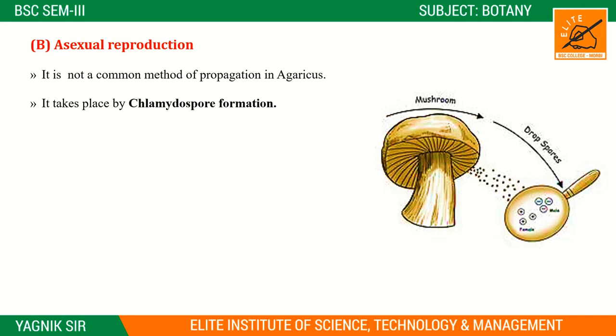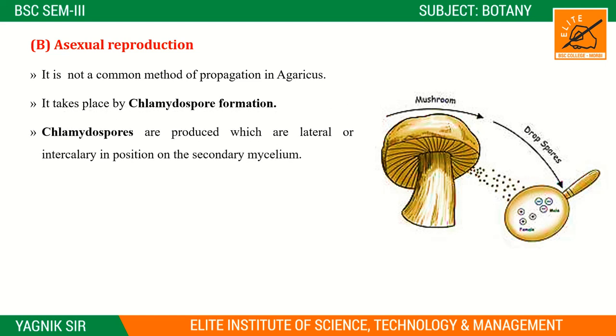So here the first method is chlamydospore formation. Chlamydospores are produced in lateral or intercalary positions on the secondary mycelia. તમે યાદ કરો કે આપણે વાત થઈ હતી upper part is a pileus, right?